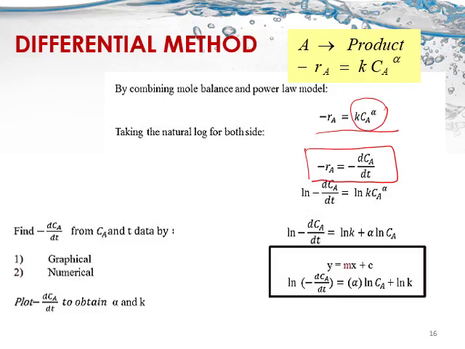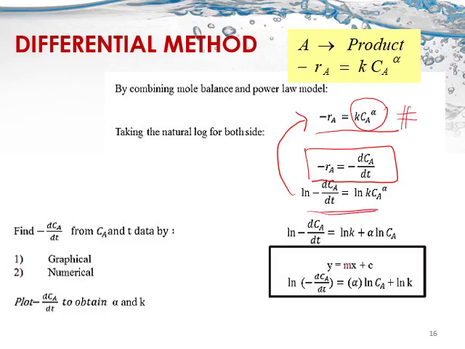So what we need to do next is take the natural log of both sides. I hope you know how to introduce the natural log on both sides of this equation. Then you'll have this equation.